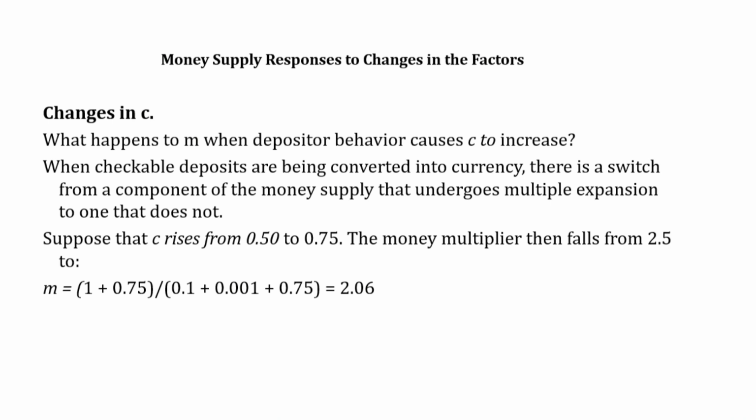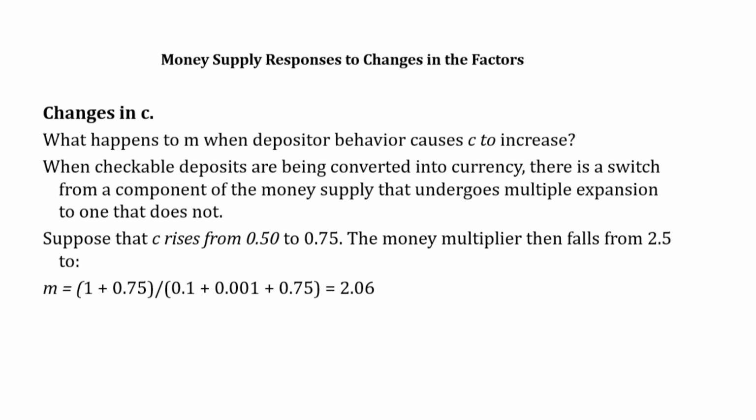In order to get better clarity, we expanded the simple deposit multiplier formula to derive a money multiplier formula. At that time, we saw that if the central bank increases the required reserve ratio, then the money supply declines.